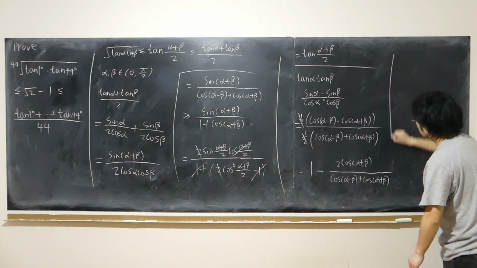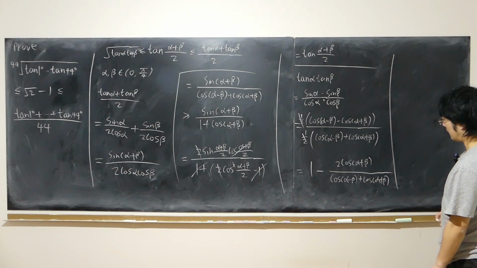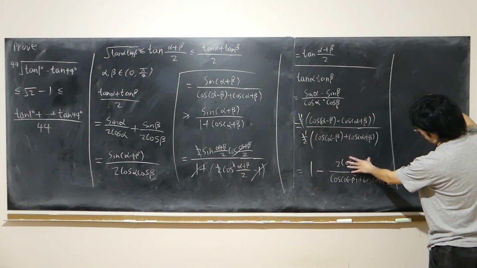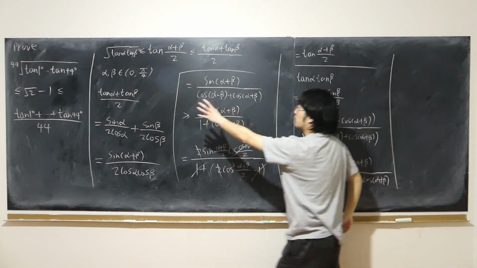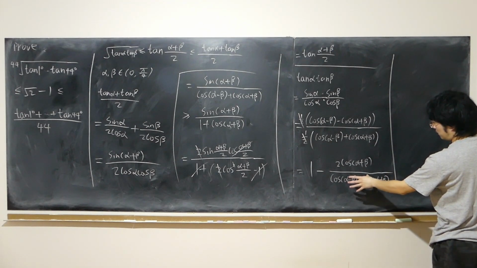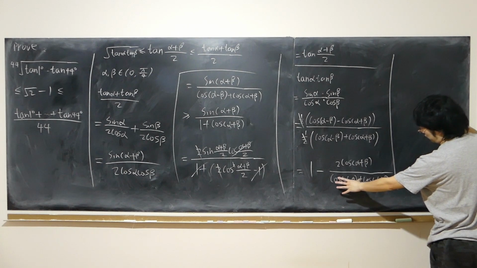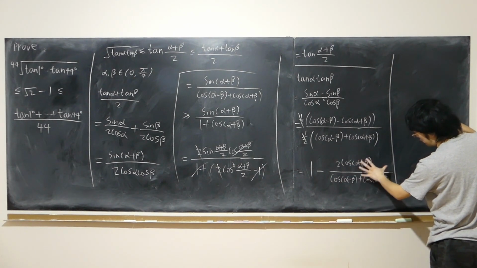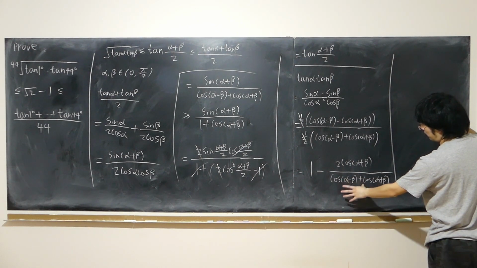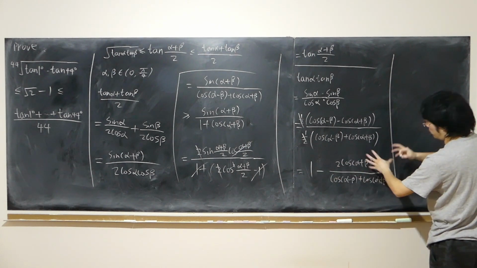So again, if I replace cosine alpha minus beta with 1, and everything is positive over this domain, right? Then the denominator becomes bigger, the fraction becomes smaller, but it's a minus, right? So bigger, smaller, bigger. Still bigger, right?